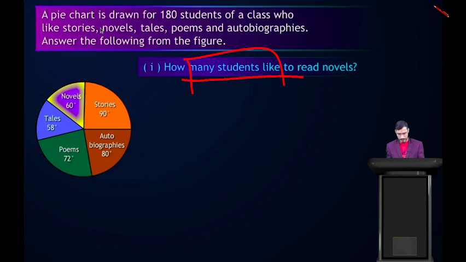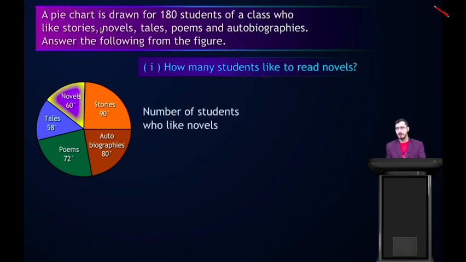Okay, let's do it. Here you can see the number of students who like novels. The central angle of novels is 60°, and the total angle is 360°. So the number of students who like novels equals 60° divided by 360° times the total number of students, which is already given in the question: 180 students.